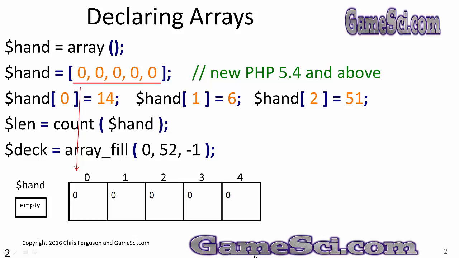What this does is both declare the array and initialize it. So you can see what it's done here is it's created an array with 5 slots because I gave it 5 values and filled them all with zeros. It's initialized them. When I assign that array to hand, it basically attaches the variable name hand to this array.